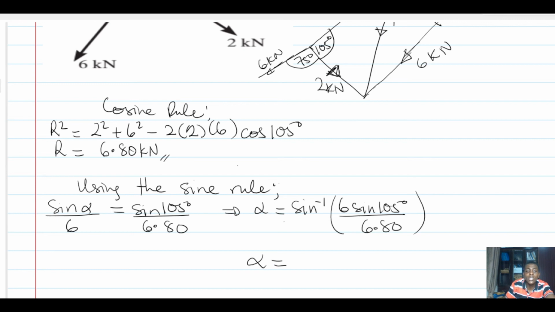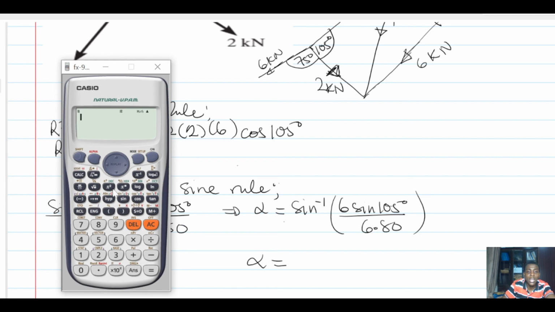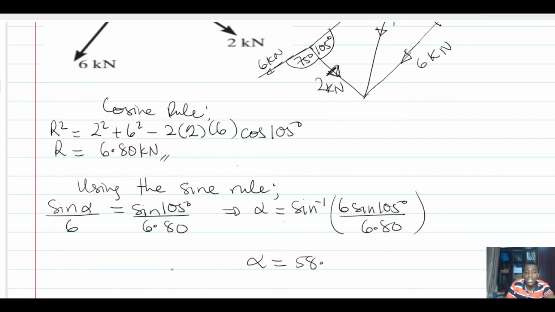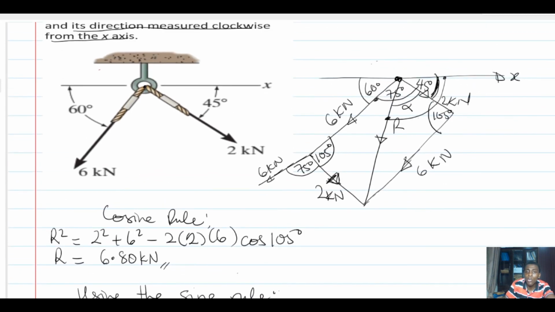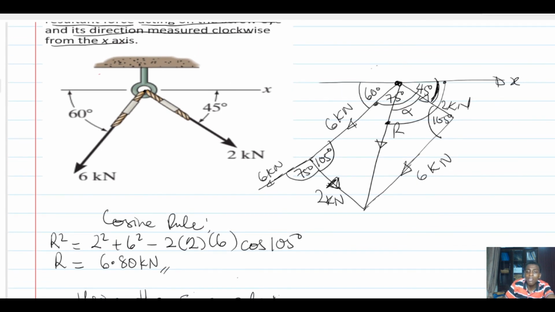Let's take our calculators. I'm going to do sine inverse of 6 sine 105, then divide by 6.80. That gives 58.461. But I'm not interested in alpha. I want the total angle the resultant makes, so I'm going to add 45 to alpha.